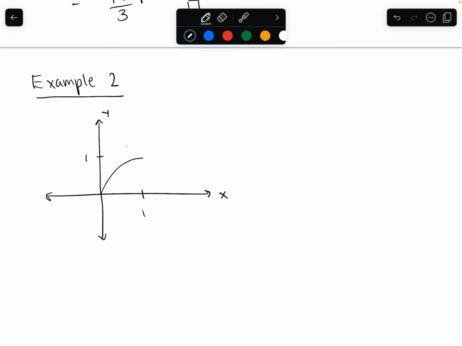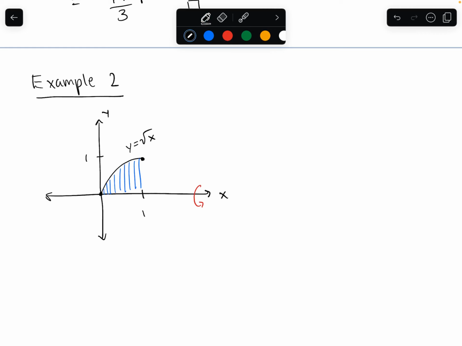This is y equals square root of x as x goes from 0 to 1. I look at this region under the curve here, so this blue part. That's a 2D region. What I do is I take that 2D region and I rotate it about the x-axis.